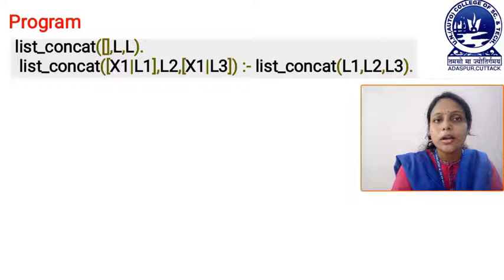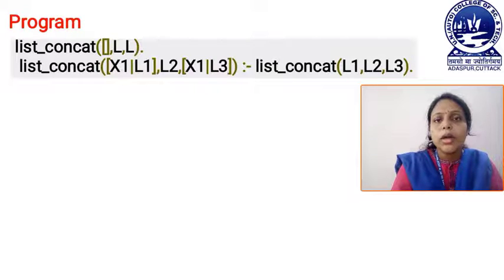That means here x1 is the head and L1 is the tail of our first list. Then the second list is L2 and then x1 L3, that is our resultant list after concatenation. Here we concatenate lists L1 and L2 and produce the result L3.